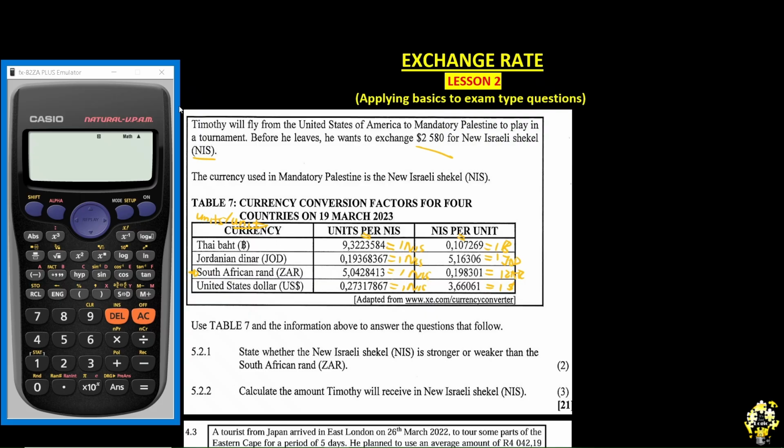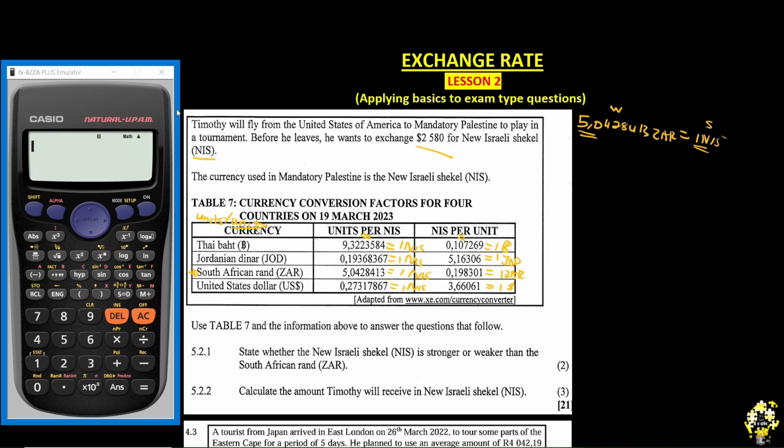So it says that 5.042841 South African rands can earn you 1 NIS. If you need 1 NIS to get 5 rands, that means this is weak and this is strong, because you need 1 of these to get 5 of these.